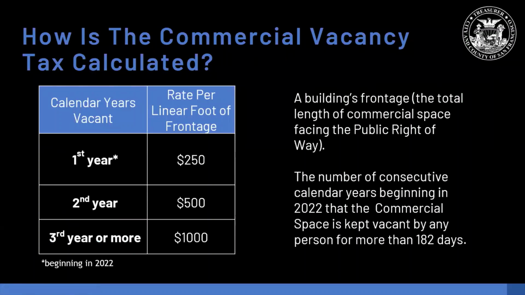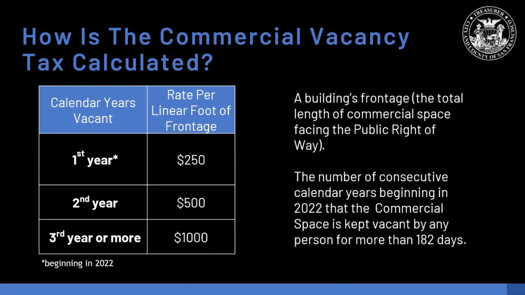How is the commercial vacancy tax calculated? The commercial vacancy tax rate is calculated based on a building's frontage, the total length of commercial space facing the public right-of-way, and the number of consecutive calendar years beginning in 2022 that the commercial space is vacant for more than 182 days. For example, if the first calendar year the commercial space is vacant is in 2022 for more than 182 days, a person will pay $250 per linear foot in February 2023.